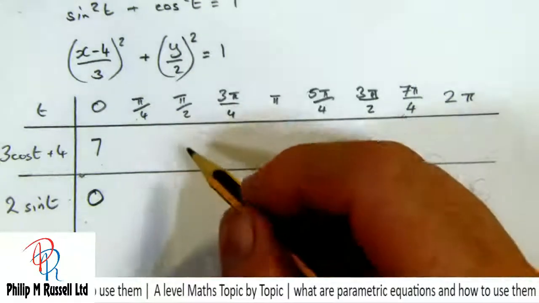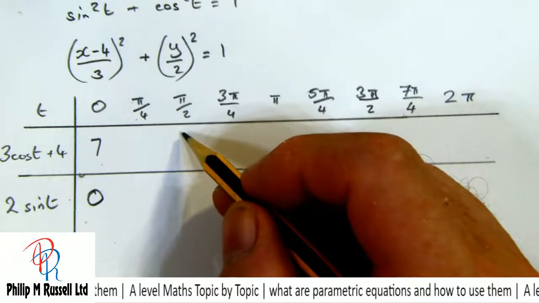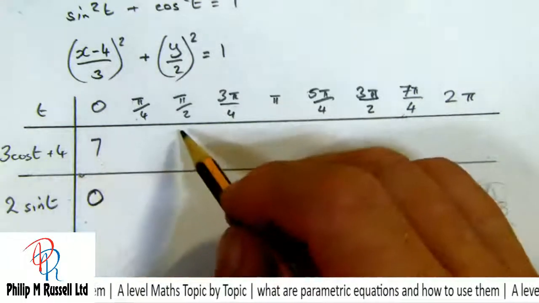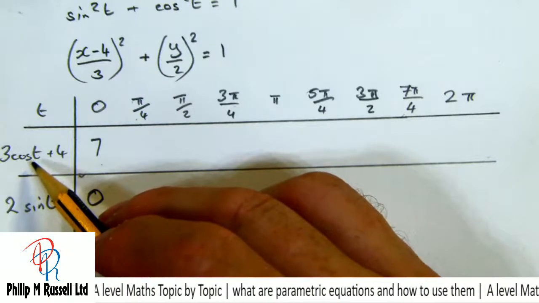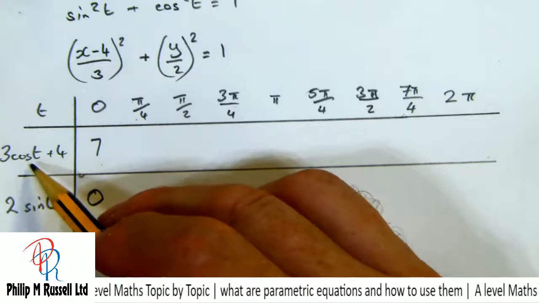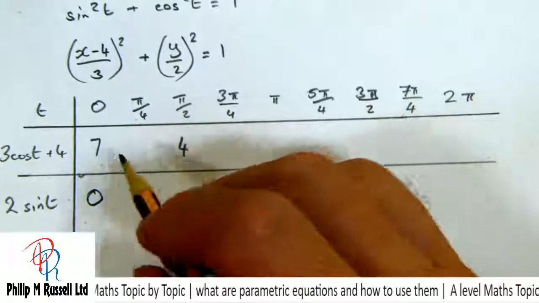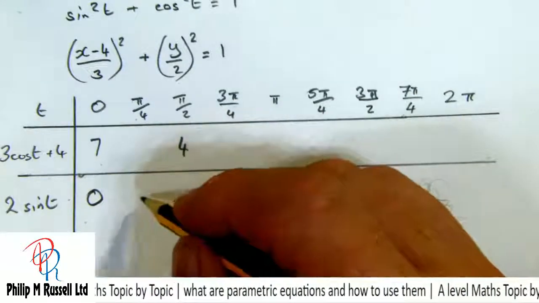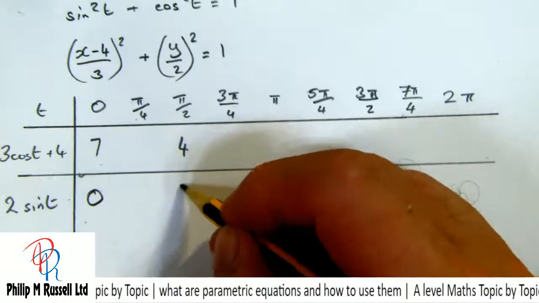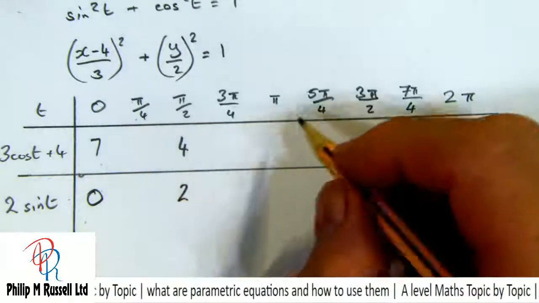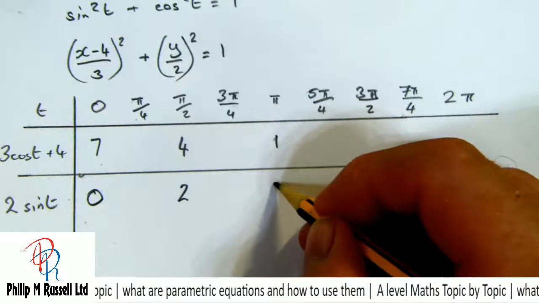I might be able to manage this one, pi over 2, where cos is going to be 0, so that's going to give me 4, and here sine is going to give me 2. This is going to give me 4 and 2.